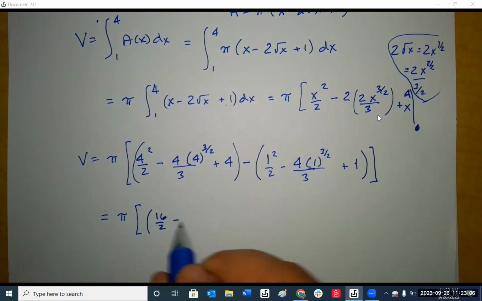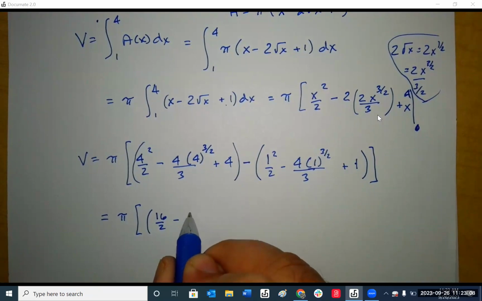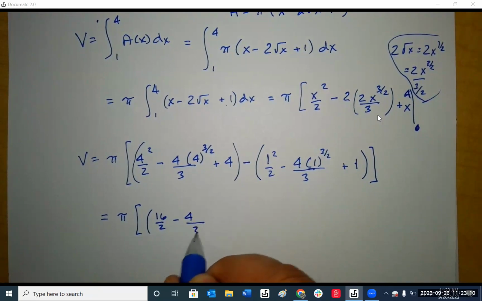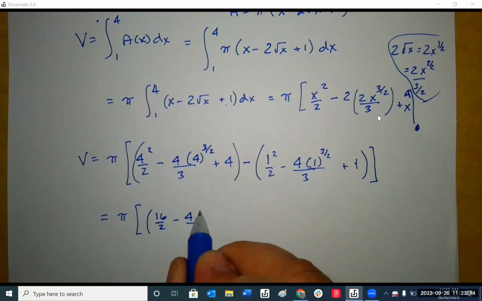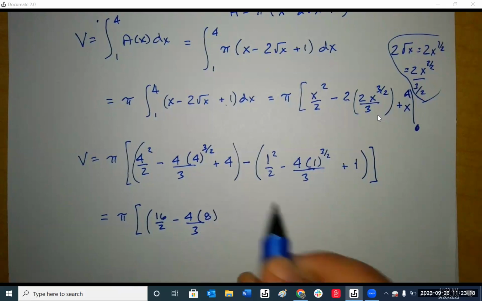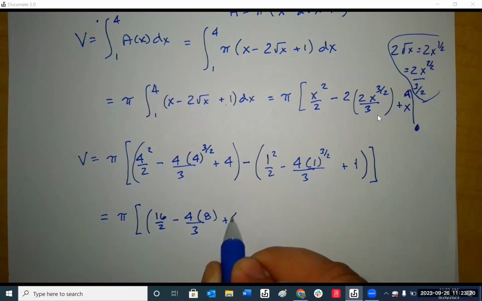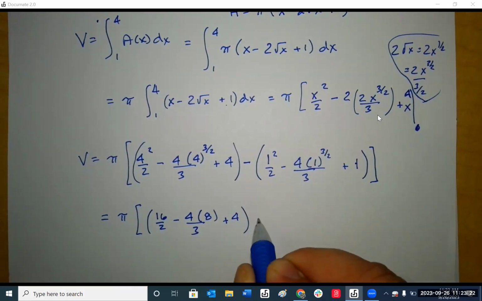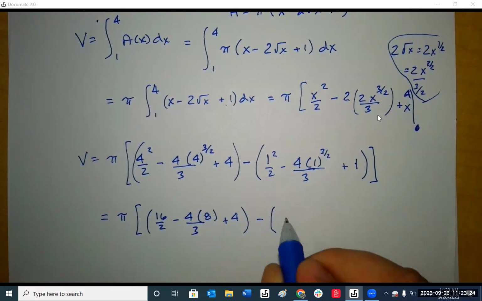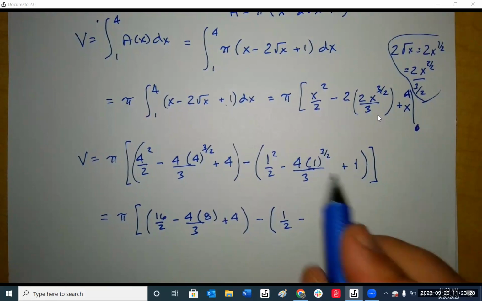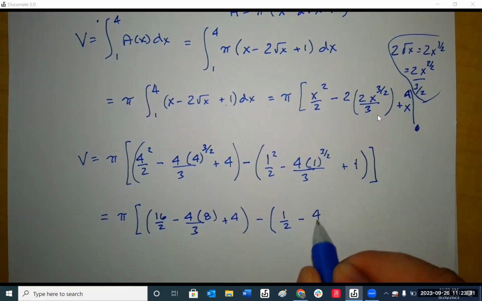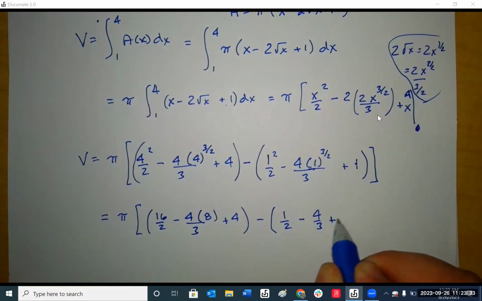Sixteen over 2. Square root of 4 is 2. 2 cubed is 8. 1/2. That's 1, so it's minus 4/3 plus 1.